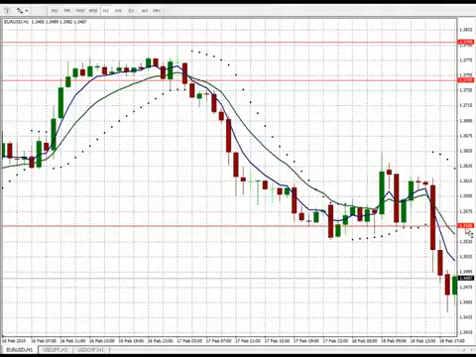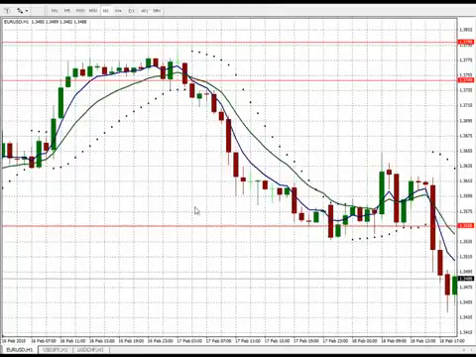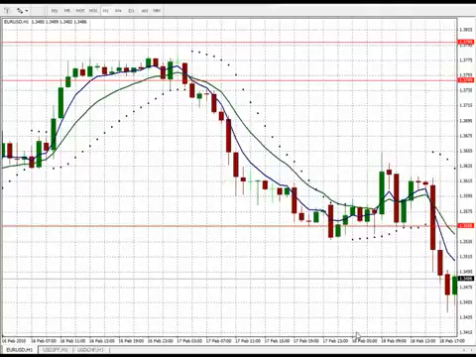We exited this trade at 1.3556. So quite a profitable trade. That's 193 pips, and the trade itself lasted from February 17th till the beginning of the day on February 18th. So 193 pips in one day with that trade.